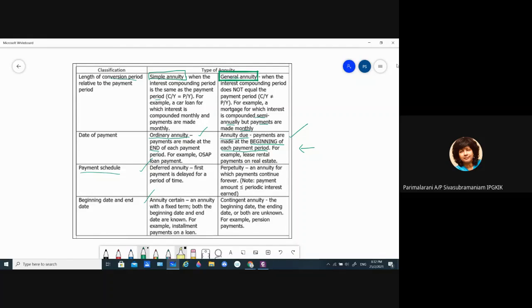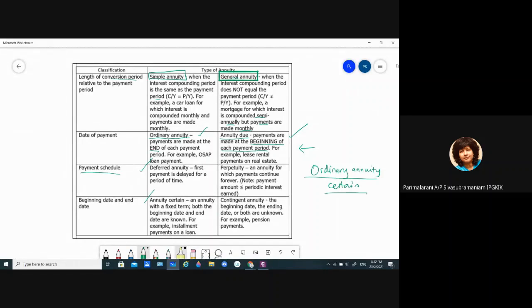Annuity certain is an annuity with a fixed term. You know the beginning date, you know the ending date of the plan, and you know exactly how many months or how many years it is. That's annuity certain. So you can have an ordinary annuity certain. You can call a plan like this.